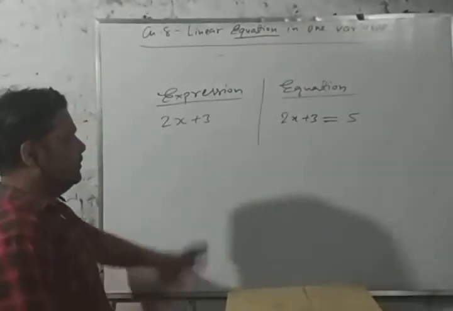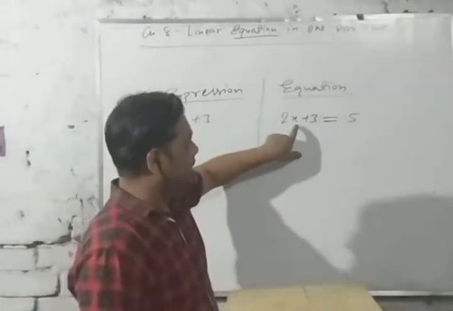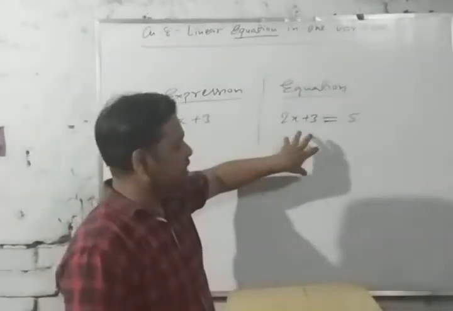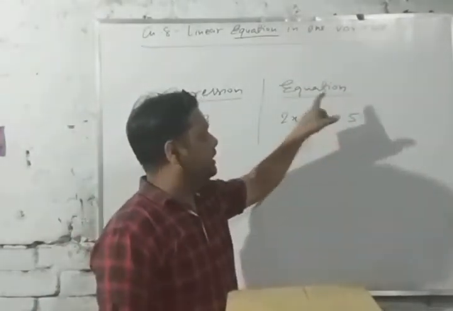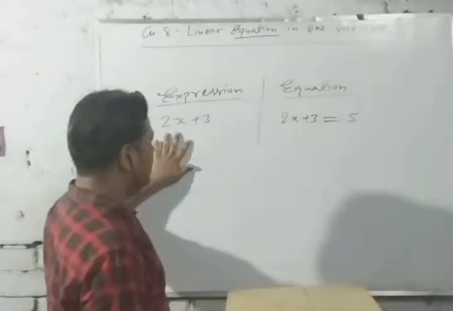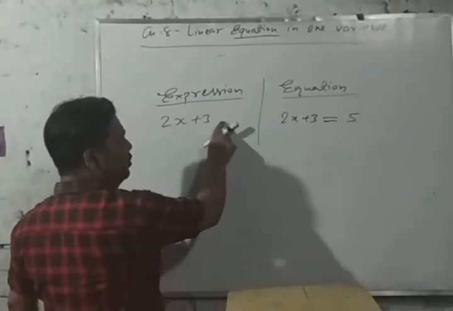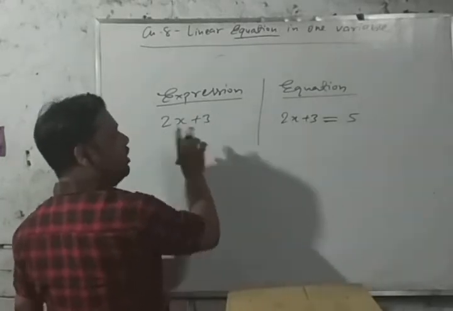So an equation is a combination of expression which has left hand side, right hand side and equal sign. It is called equation. Here there is no equal sign, no LHS, no RHS, so this is only expression.